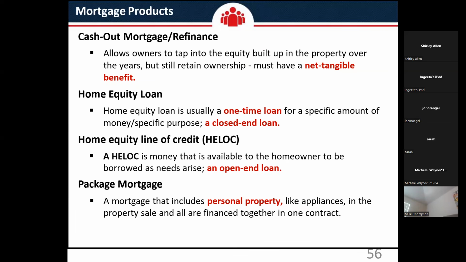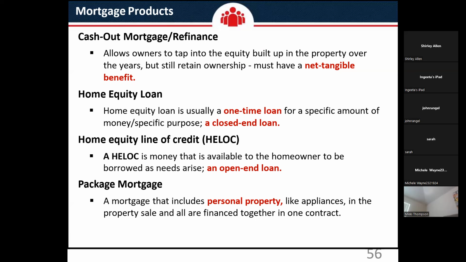A home equity loan is usually a one-time loan taken out for a specific amount of money and a specific purpose, and it's considered to be a closed-end loan. Remember the red items, test questions. A closed-end loan. We also have a home equity line of credit, a HELOC.